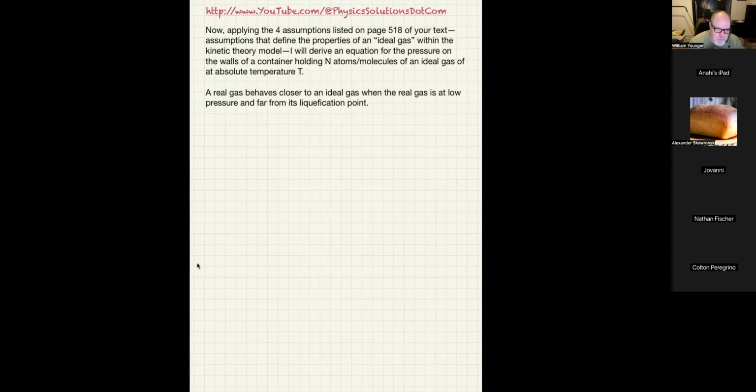Part three, the molecules are assumed to obey the laws of classical mechanics and are assumed to interact with one another only when they collide. Although molecules exert weak attractive forces on each other between collisions, the potential energy associated with these forces is small compared to the kinetic energy. So we're ignoring the idea that two atoms, when they get close to each other, we know what happens.